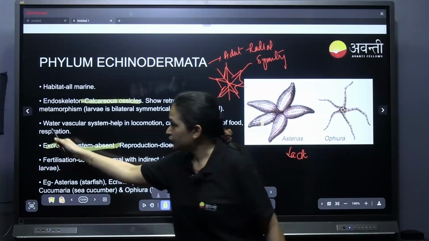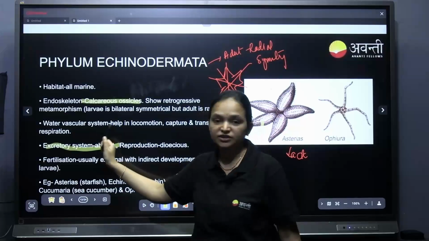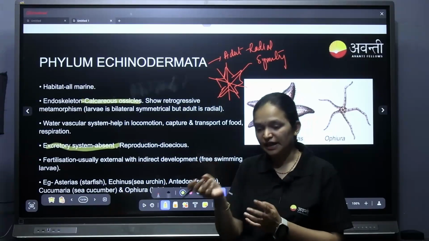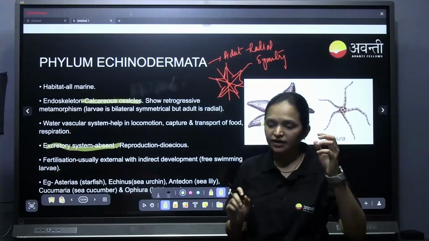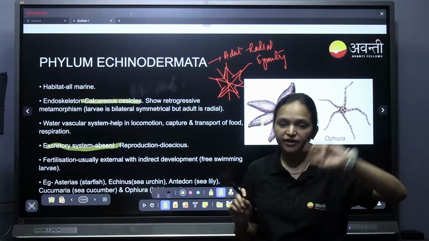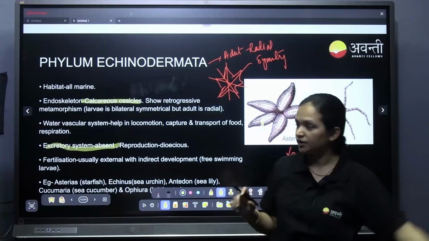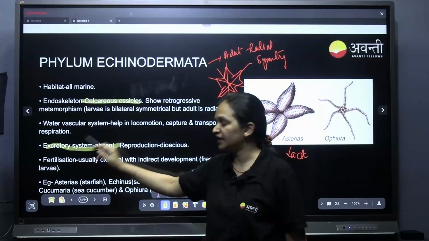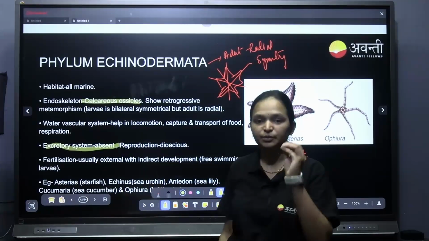As I told you, the water vascular system is present. With the help of the water vascular system, they can excrete nitrogenous waste from their body to the environment, that is water. The excretion takes place with the help of the water vascular system. They don't have any particular excretory system as such.